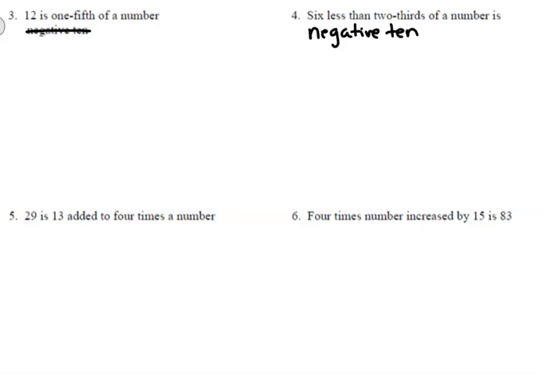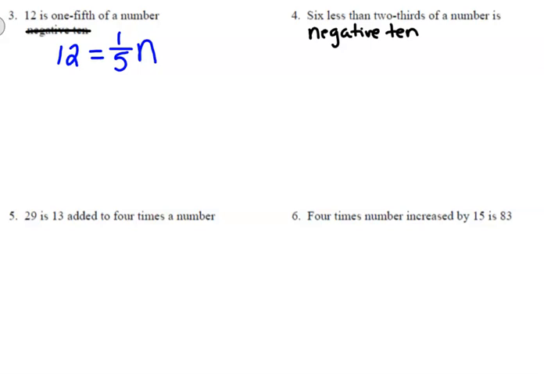Okay, so when we're looking at question number 3, 12 is 1/5 of a number. That's our whole equation. So if I start writing my equation, it's 12 is, so 12 is my equal sign, and then 1/5 of a number. So 1/5, that's a 5, of a number, meaning times n. So 1/5 of n.